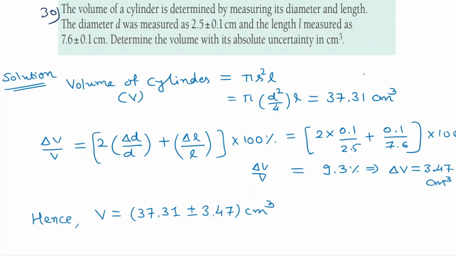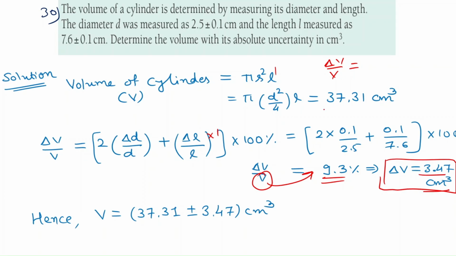So in delta V by V, you have d squared, so you multiply by 2 delta d upon d, plus L has power one, so multiply by 1, delta L upon L, into 100, as a percentage. They give 9.3 percent and you multiply by it and get 3.47 centimeter cube. That is delta V, and the final answer is 37.31 plus or minus 3.47 centimeter cube.